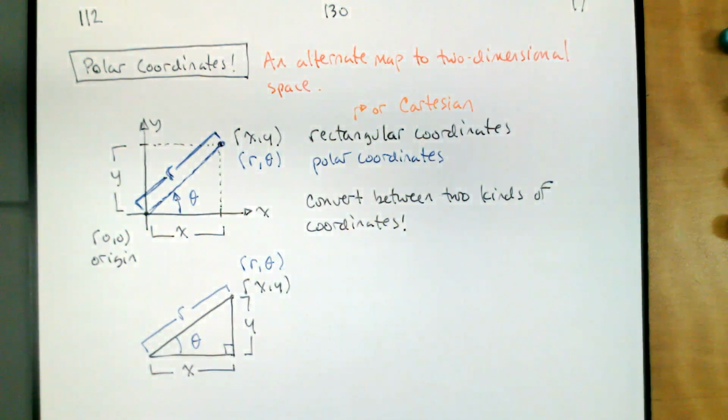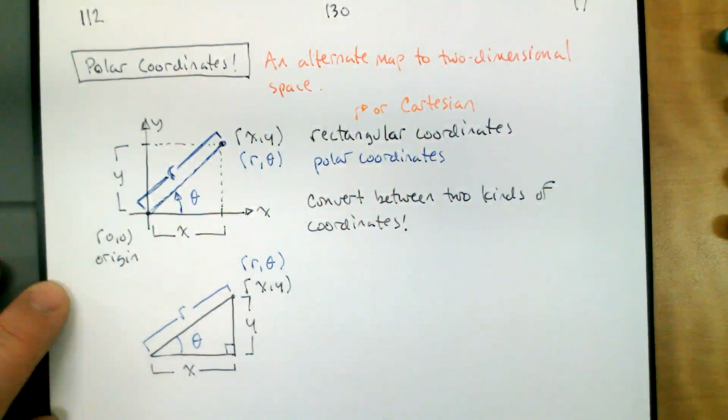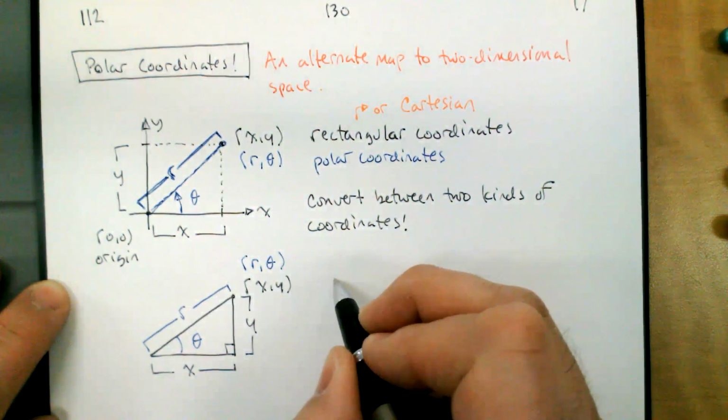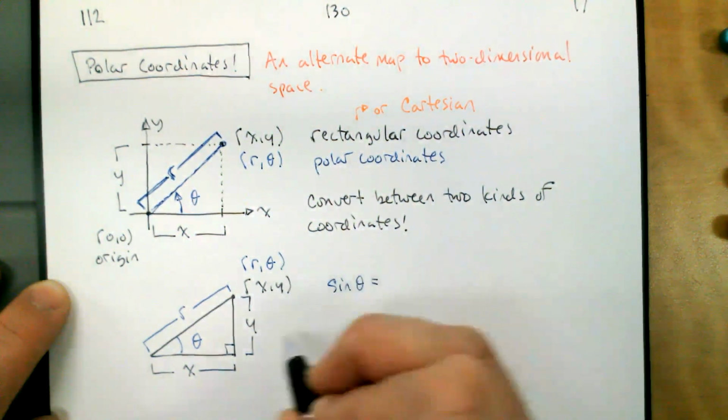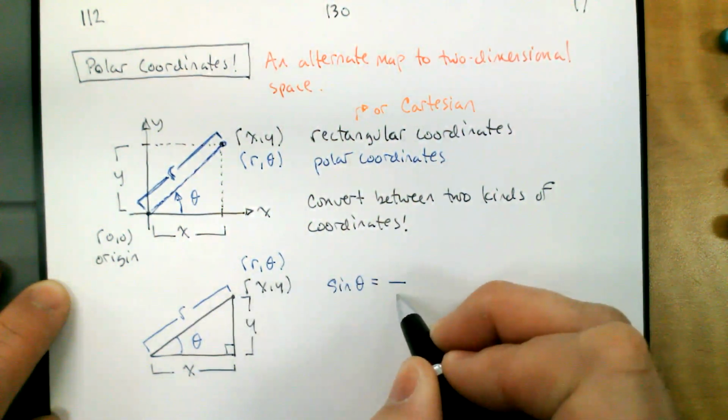Now we know how all these coordinates are related. We could say that the sine of theta is opposite over hypotenuse.